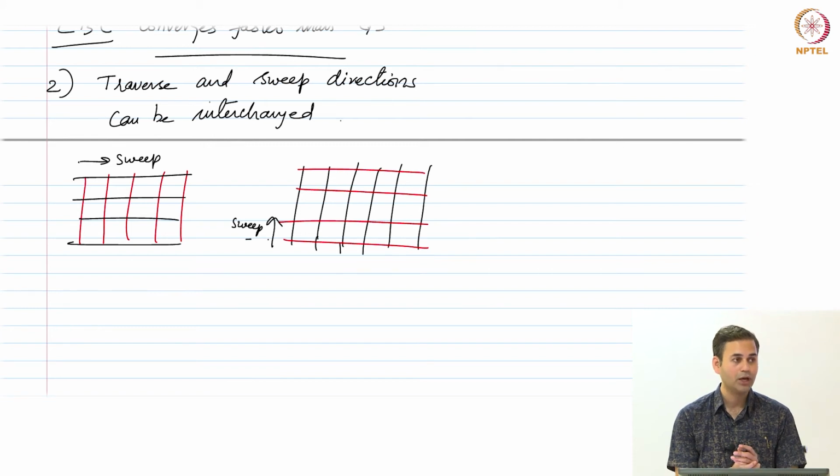You could do left to right and then top to bottom, or just top to bottom, or bottom to top, all these things. Fine. So, those patterns can be used to increase convergence.